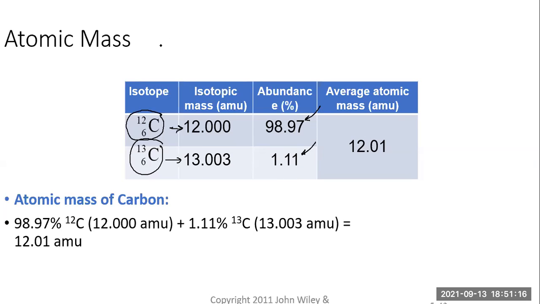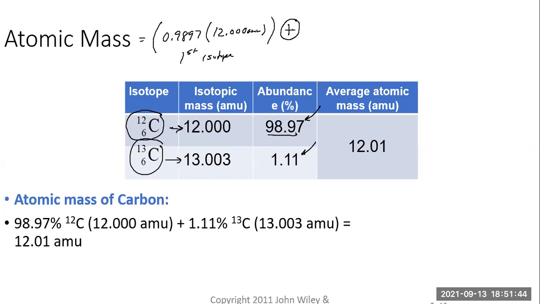So we could use the formula I just described. We would take our first percentage, divide it by 100 or move the decimal point, and you would get 0.9897. That's what you get when you convert the percentage into a decimal. You would times it by 12, and that's our first isotope. We then would add it, and that's something people mess up on.